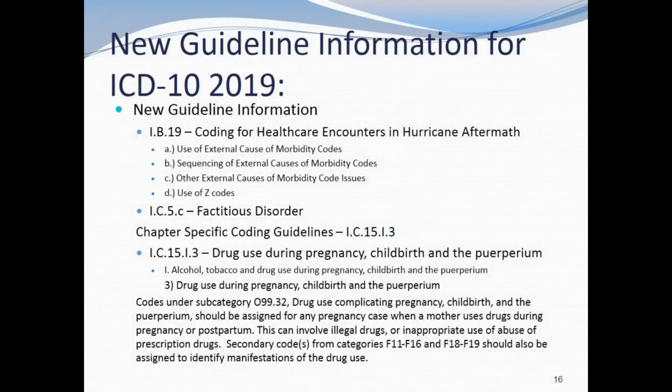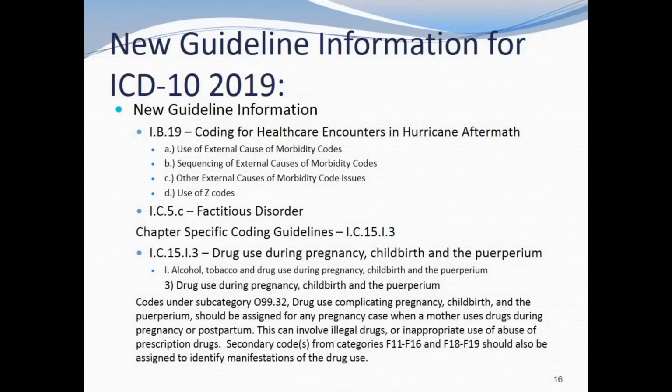So, the other guideline that they have mentioned in the coding is the fictitious disorder. That's something that they wanted to go over with that. That's actually something that they've added into the guidelines. There's also chapter specific coding guidelines that I wanted to go over with you just a little bit.